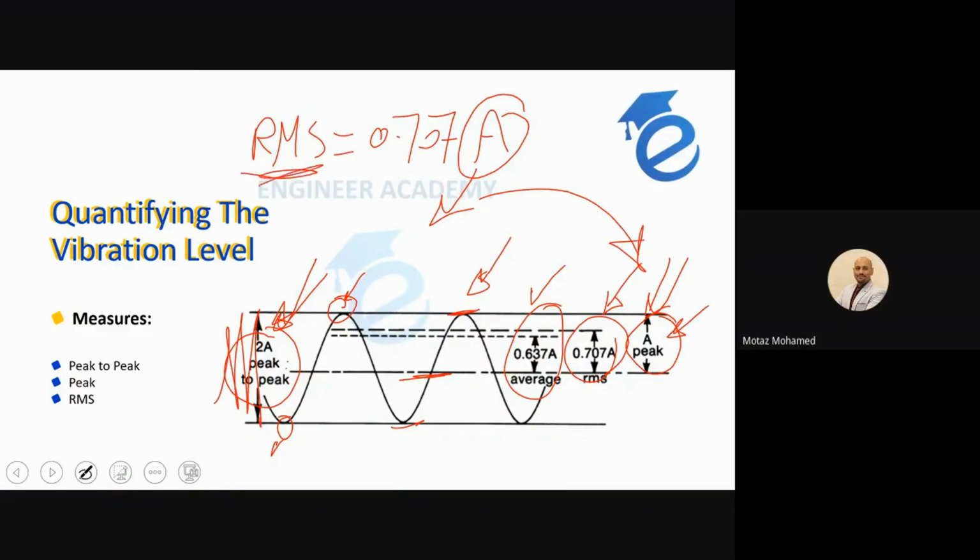Then the RMS value is 0.707 times the peak value. And we're going to see later, deeply in our course, how we can utilize all these three values to analyze exactly the defects, because each defect has its own criteria, its own behavior.